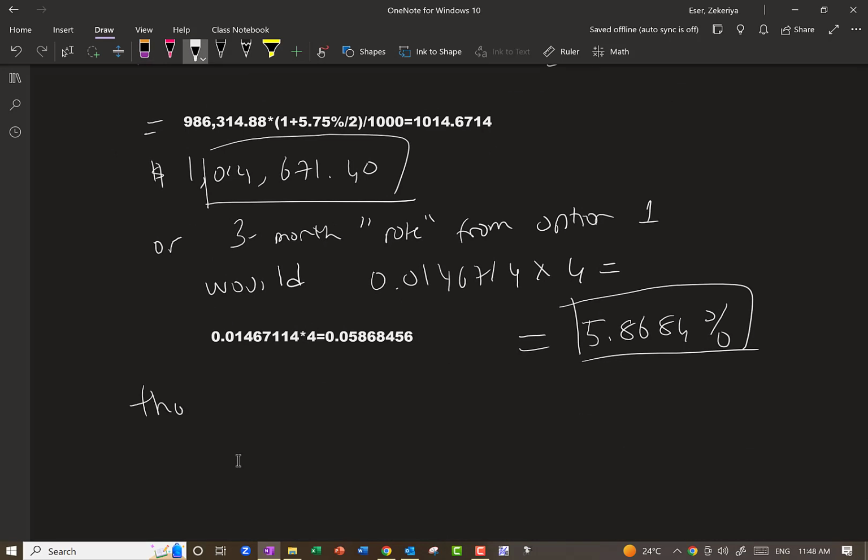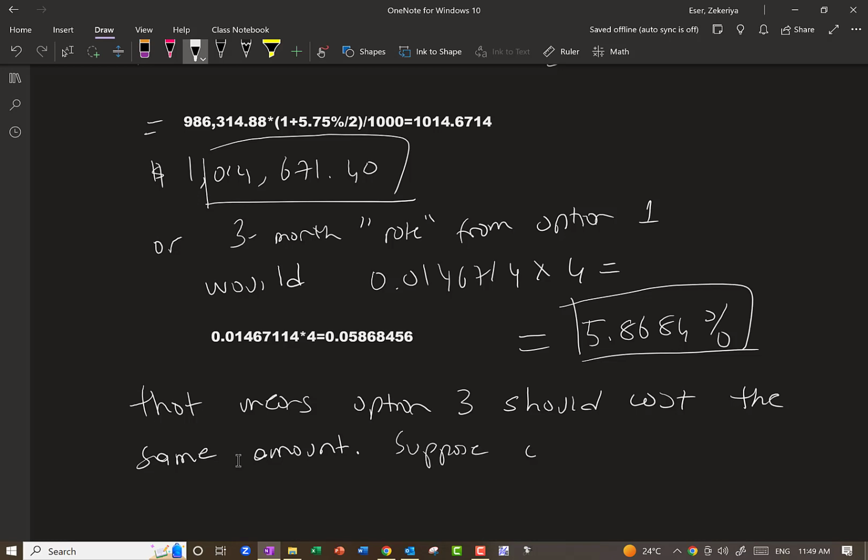And for example, suppose option 3 cost 5.75%. Okay, obviously that's cheaper, right? You can see how you can make money. You're gonna go to a bank, and the bank tells you that they're gonna lend you for the second 3 months at 5.75%. You're gonna say, okay, I'll borrow from you.